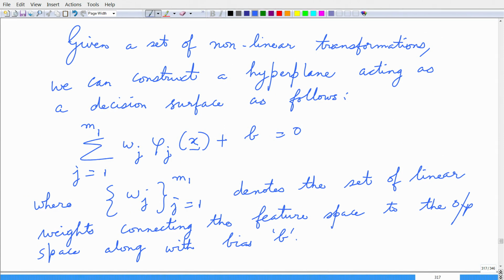Given a set of nonlinear transformations, we would like to construct a hyperplane that can act as a decision surface. I have not gotten into the idea of the kernel yet.